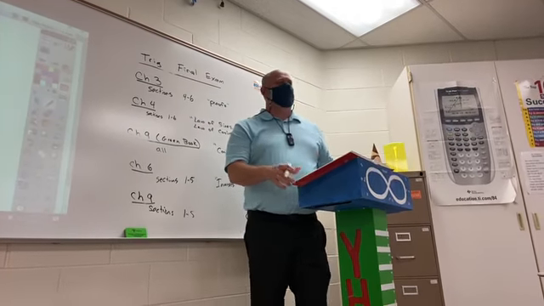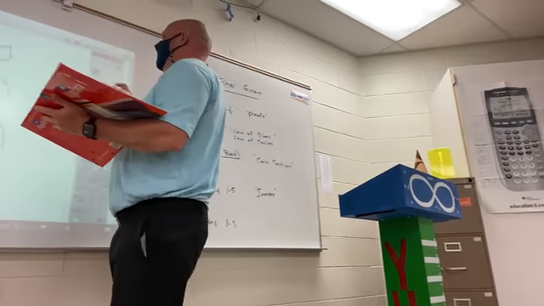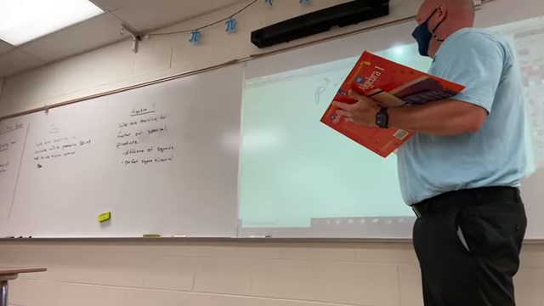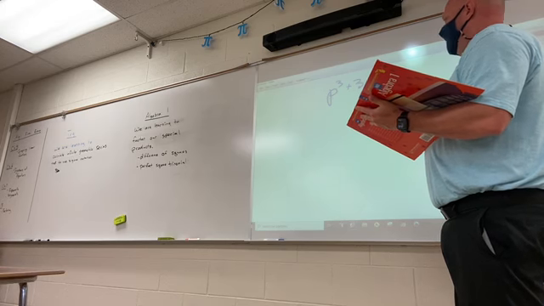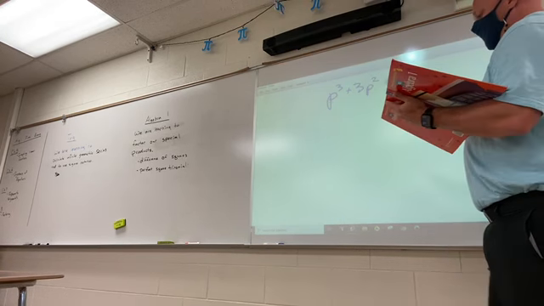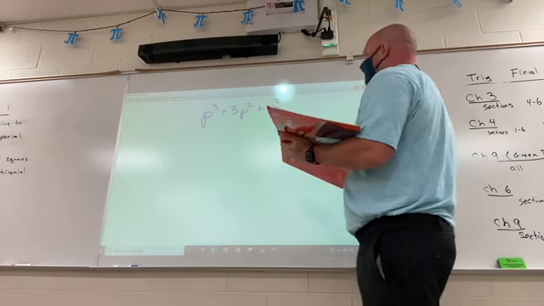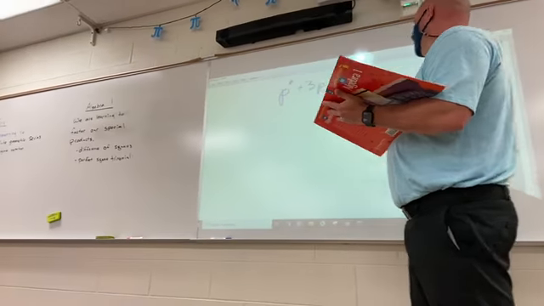How about 15? When you see 4 terms, what should you be thinking every single time? You should be thinking grouping. Now, the first thing I would look for, actually I wrote that down wrong. That should be a 3 and that should be a 5.